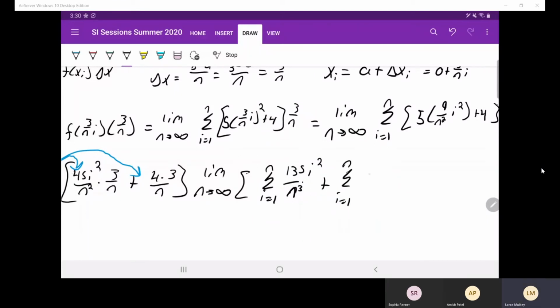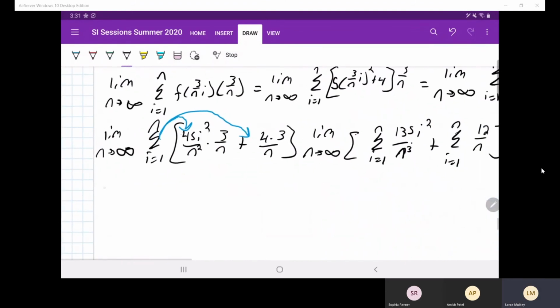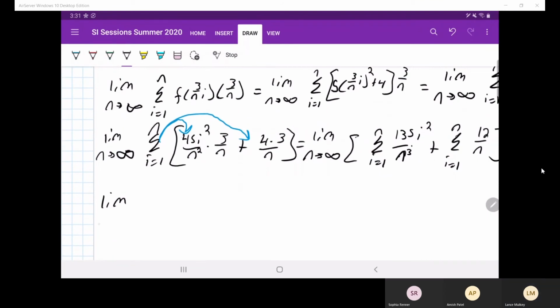Sum from i equals 1 to n of 12 over n. Right? So this then, I guess I'll go down here, equals, if you can pull out the 135 over n cubed because it's not i.